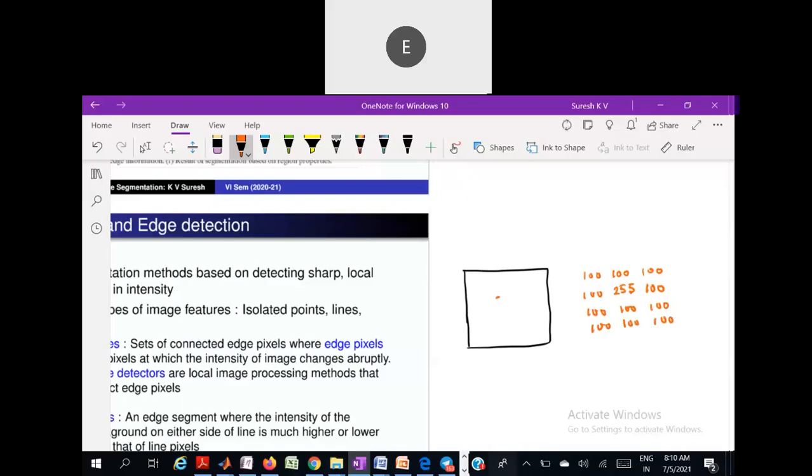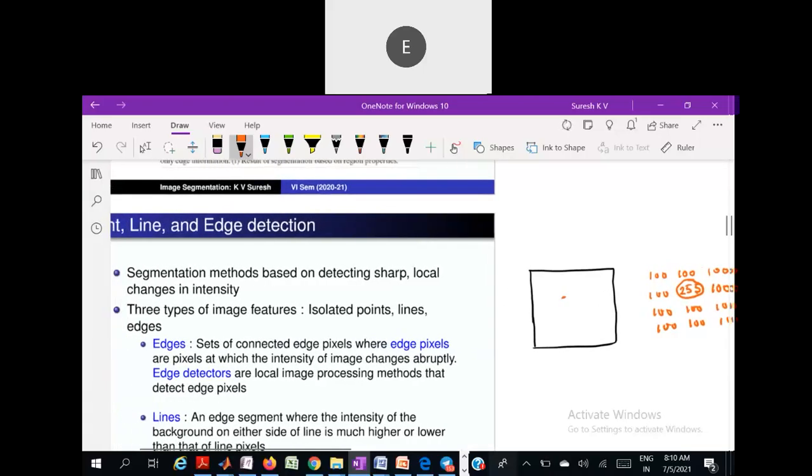So if I have an image something like this, of course these values can be slightly different also, for example 110, 112, etc. Now this is a point. It is an isolated point because this value or brightness is very high compared to the other values.